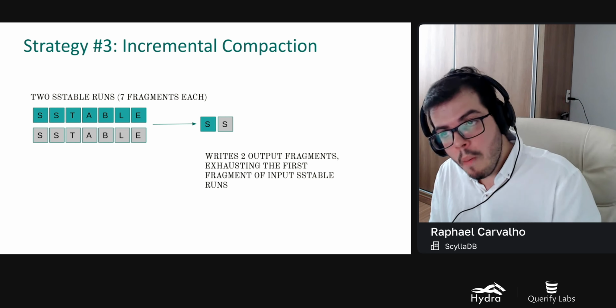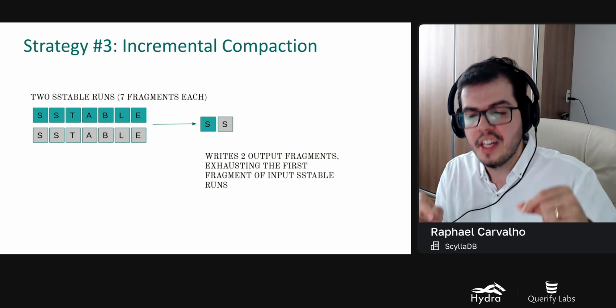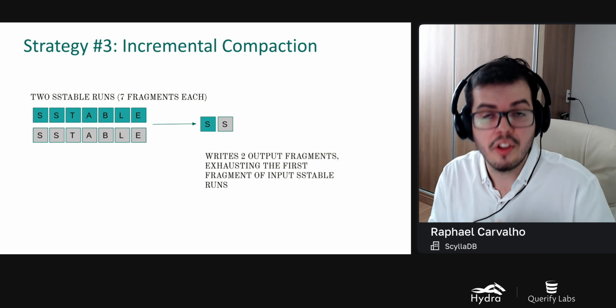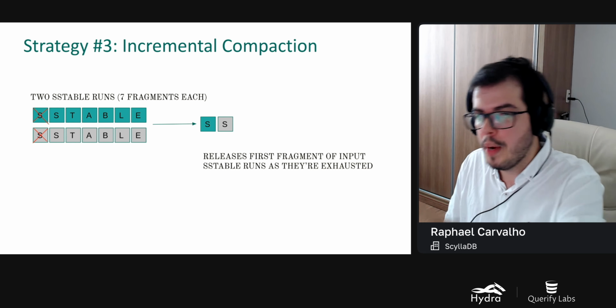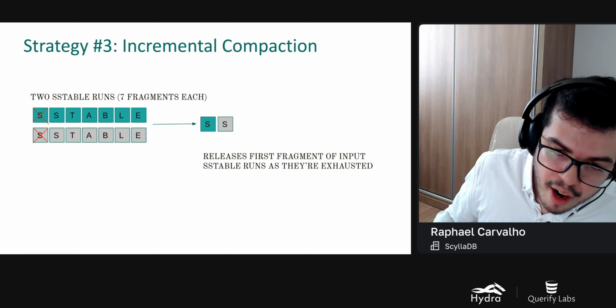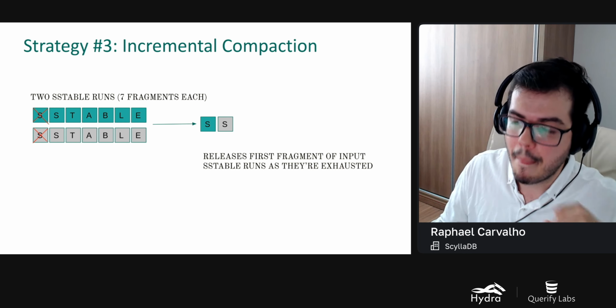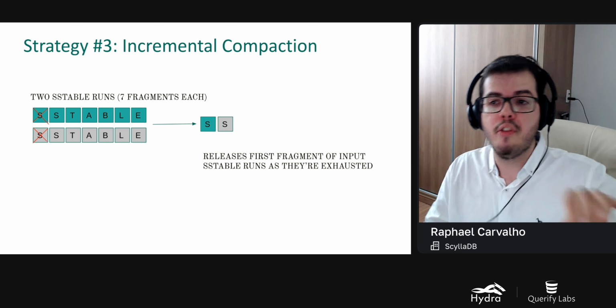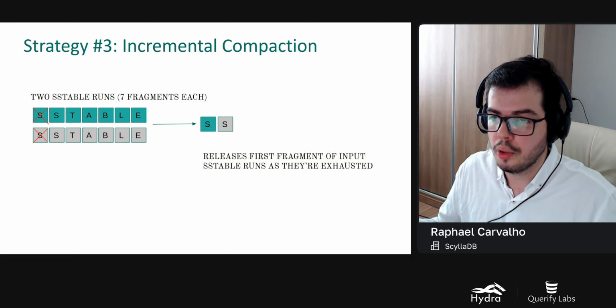But with incremental compaction, we are fixing the space overhead that affects the tiered compaction. As we output new fragments, we look at the input fragments and release the ones that were already exhausted by the incremental compaction process. On average, we will release one input fragment for each output fragment.